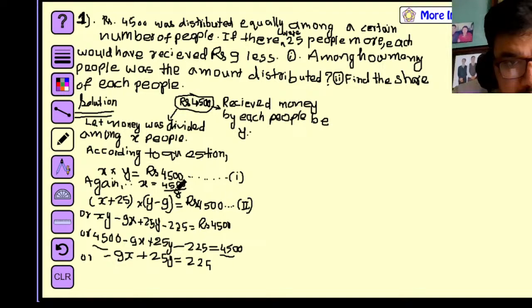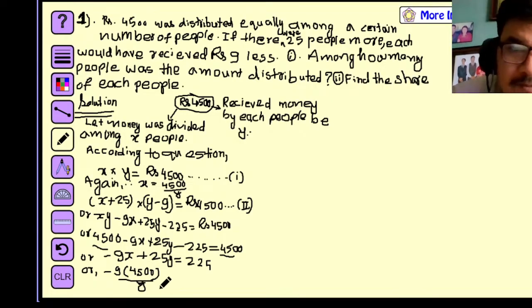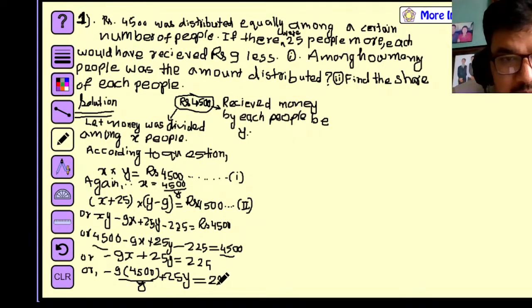We keep this value of x in this line: minus 9 multiplied by the x value, 4500 by y, plus 25y equals, the right side remaining the same, 225.